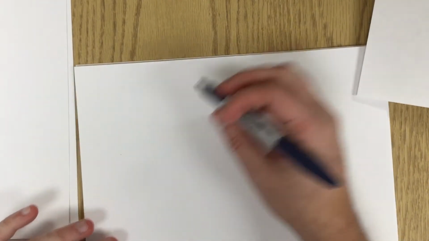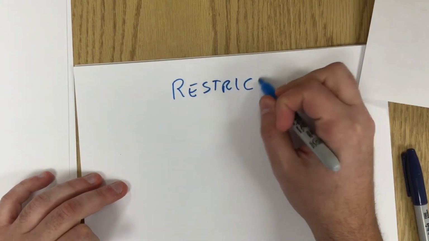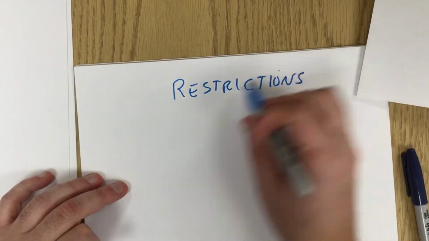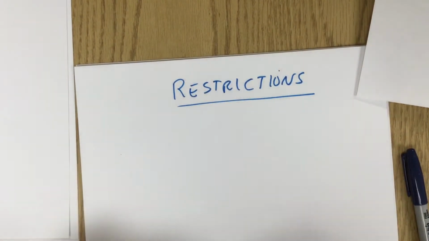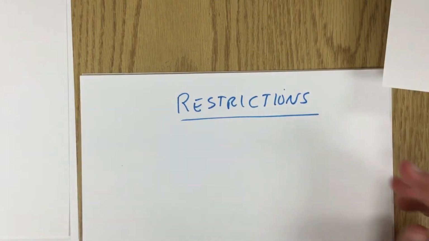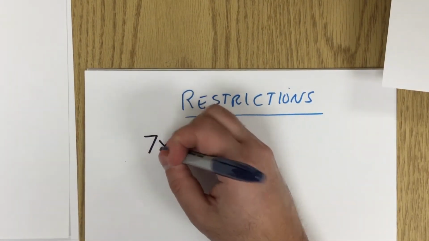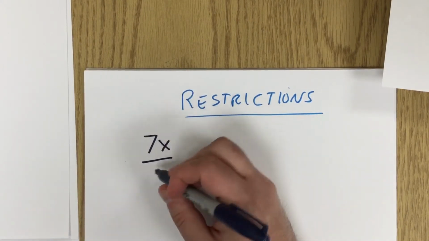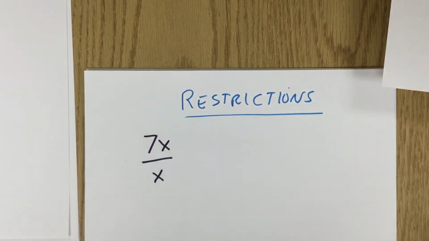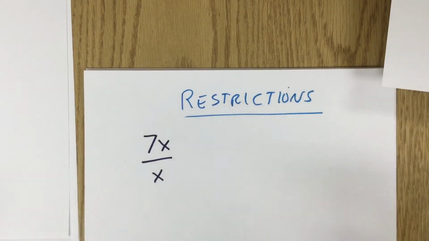We're going to talk about something called restrictions. So when we have restrictions, for example, if we have 7x over x, if x is 3, there's nothing special about that.